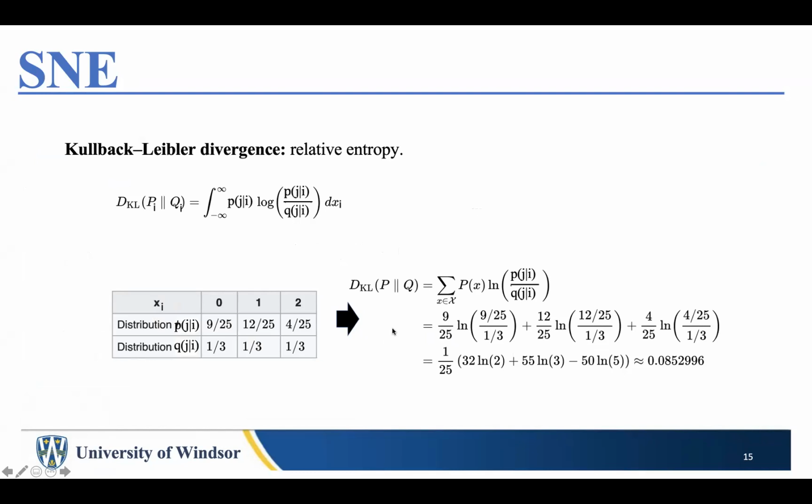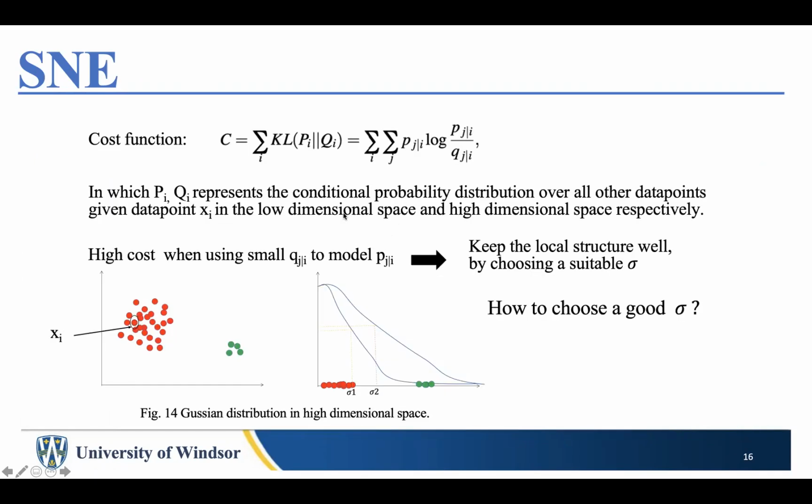If we know the conditional probabilities both in the high-dimensional space and the low-dimensional space, given the data point xi, then we can use this formula to calculate the Kullback-Leibler divergence, and our purpose is to minimize the result. t-SNE introduced a closed function to calculate the Kullback-Leibler divergence of all the data points, in which Pi and Qi represent the conditional probability distribution over all other data points given data point xi in the high-dimensional space and the low-dimensional space.